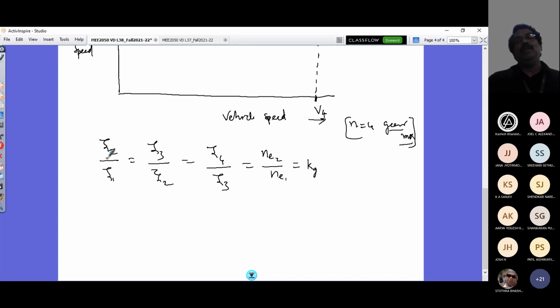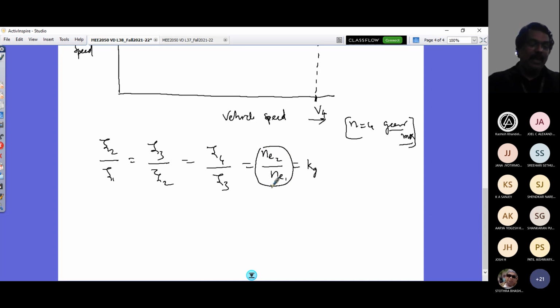So if I have successive gear ratios, zeta 2 to zeta 1, or whatever that I have, and if I have a higher speed, fifth gear, then I will have zeta 5 by zeta 4. And that ratio should be constant, and that ratio decides my engine operating speed, NE2 by NE1.